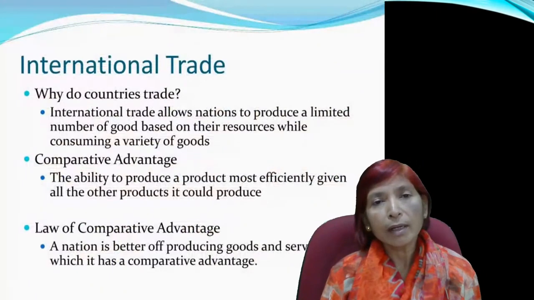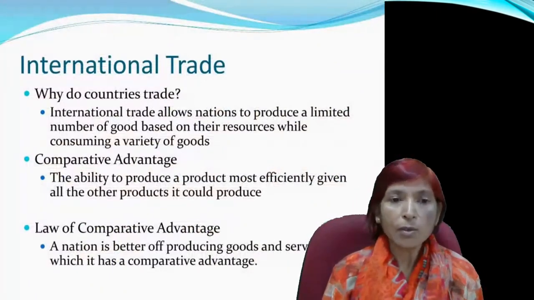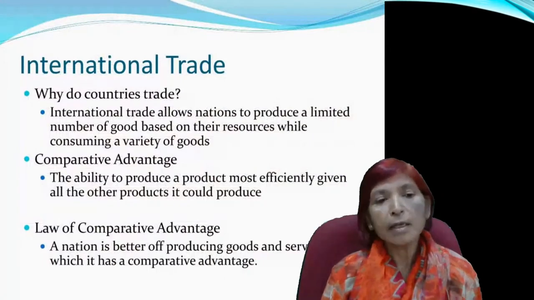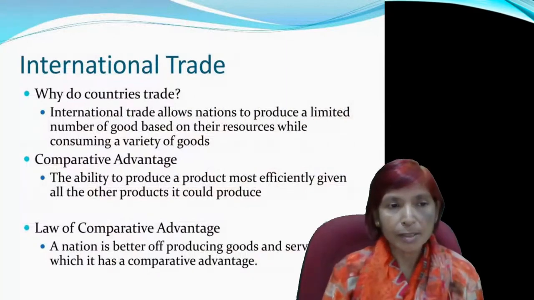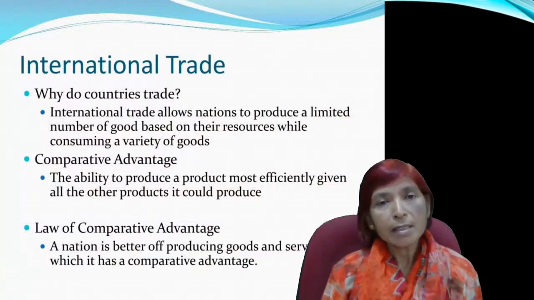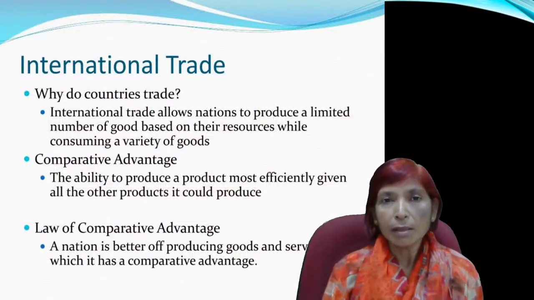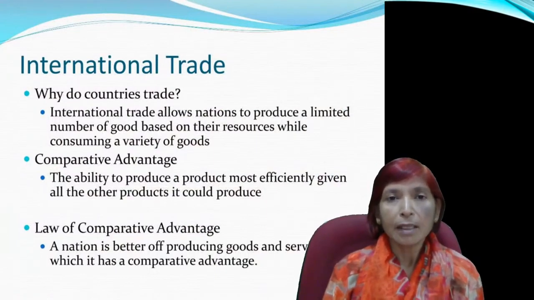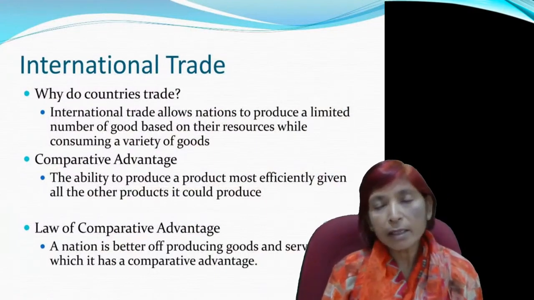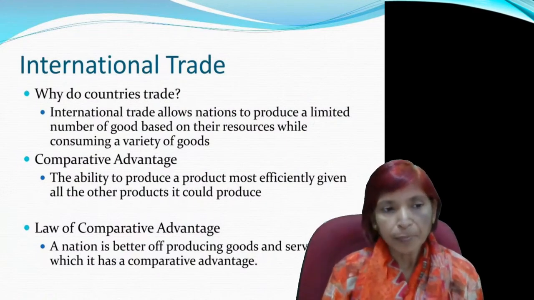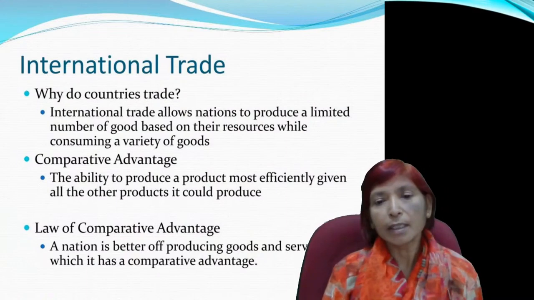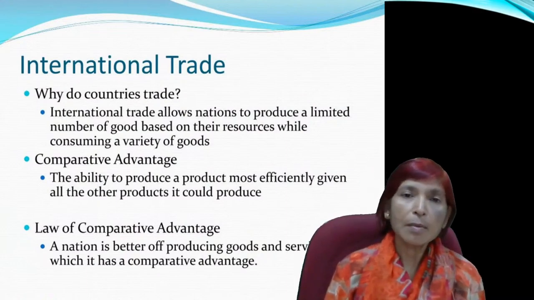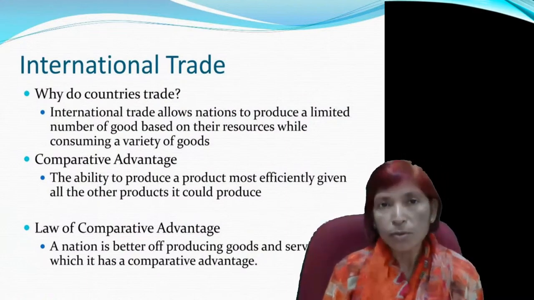Why do countries do international trade? International trade allows nations to produce a limited number of goods based on their resources while consuming a variety of goods. Comparative advantage: if you want to earn gains from trade, you can engage in international trade. It is the ability to produce a product most efficiently given all the other products it could produce.